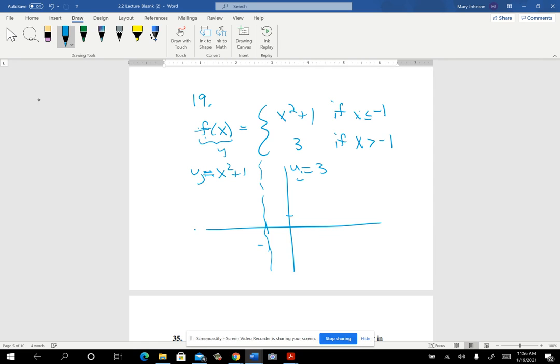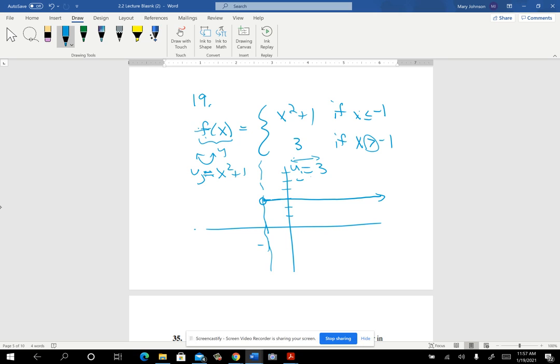And so y equals 3 would be a horizontal line, right? y equals x squared plus 1 would be a parabola. So y equals 3, I'm supposed to use that when I'm over to the right of this. So it's going to be what I use when I'm over this way. And then see how it doesn't have the or equal to? So that makes you put an open circle on that.